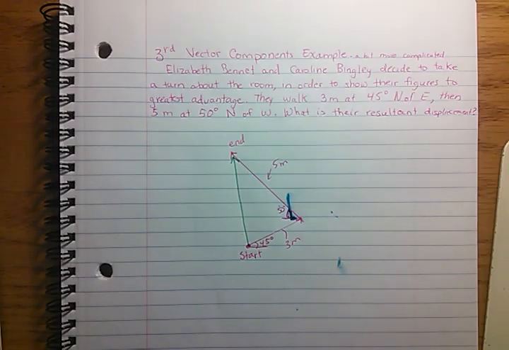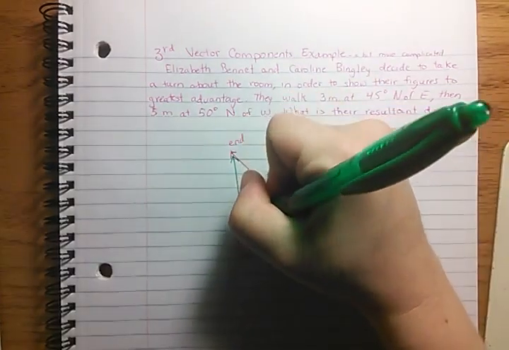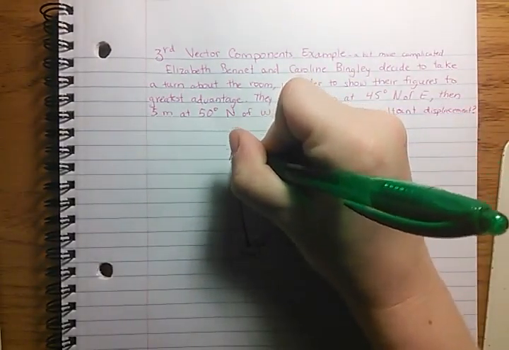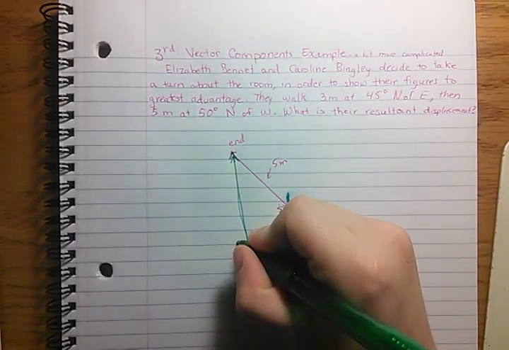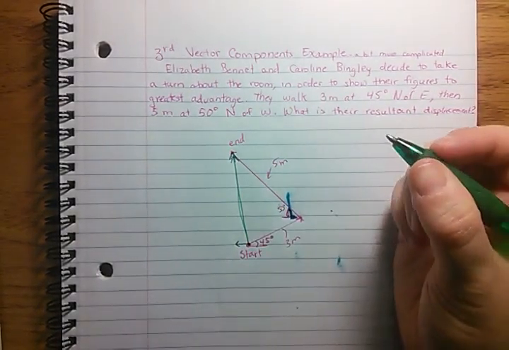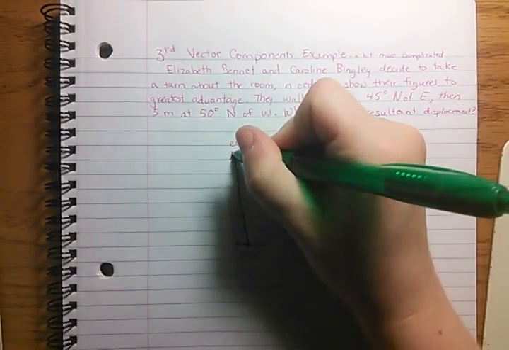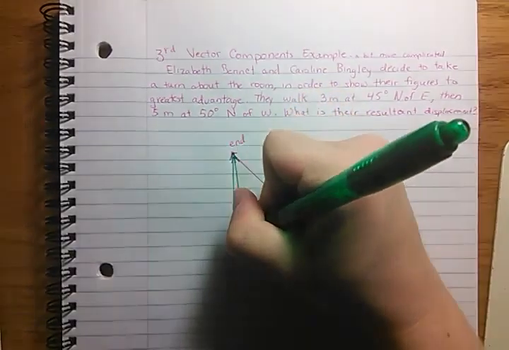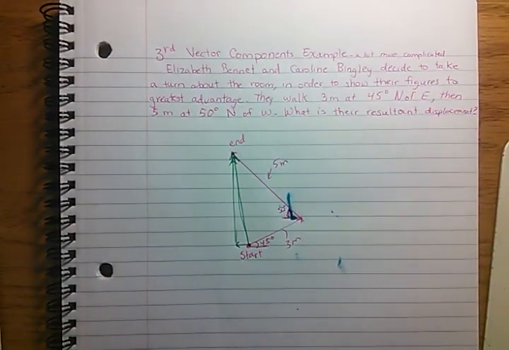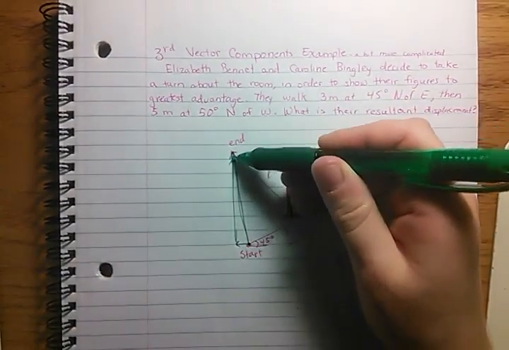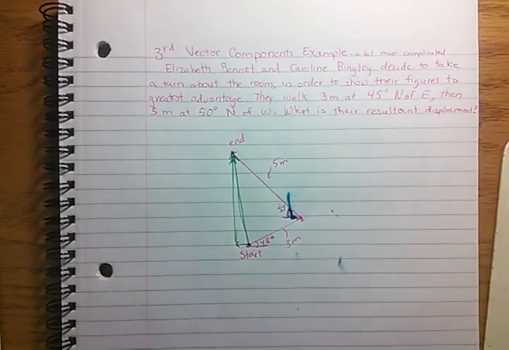So let's just try to visualize this for a second. It looks to me like from their starting point, they went this far in the x direction and then that far in the y direction. So essentially we're trying to figure out this triangle here.